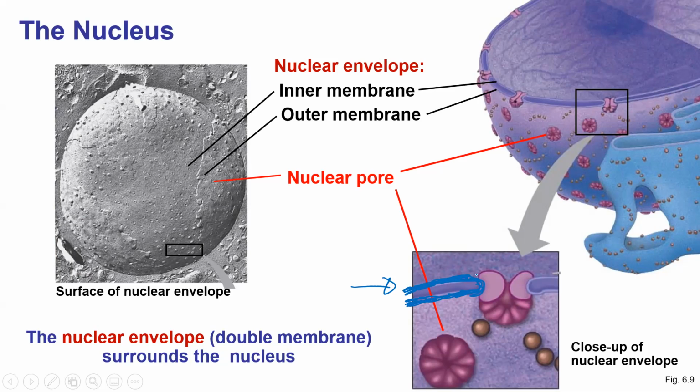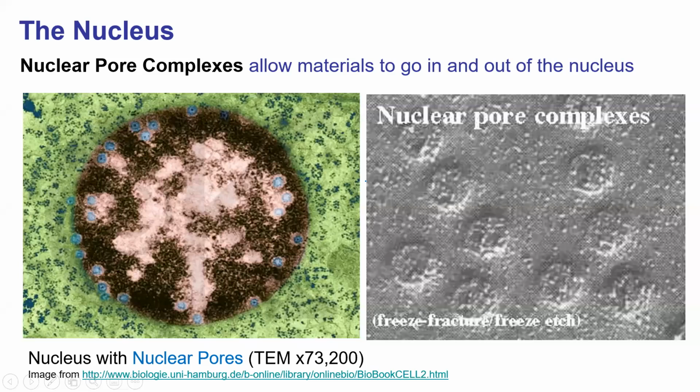And we have these nuclear pores. Let's talk a little bit about those nuclear pores, because of course, we have to let things in and we have to let things out of a nucleus. It's not just a closed structure, and that's what those nuclear pores are for. Here are some electron micrographs of those nuclear pores. They're called nuclear pores or nuclear pore complexes. You can use either term interchangeably, it doesn't really matter.